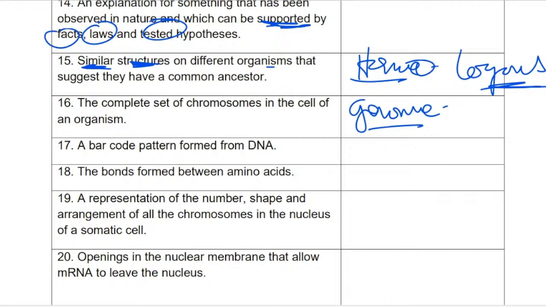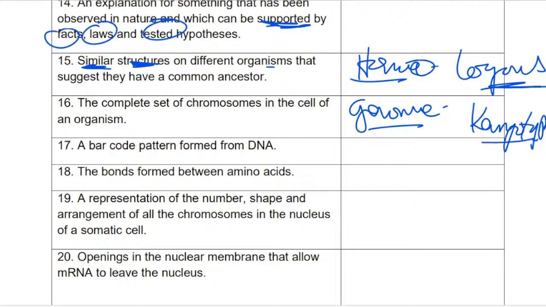Genotype is a description of an organism in terms of genetic composition or in terms of genes. The complete set of the chromosomes in a cell is a genome. When you talk about the arrangement, it must have the word arrangement. The arrangement of chromosomes, we talk about the size and the structure. That's when you talk about the karyotype. I think I'm clear there.